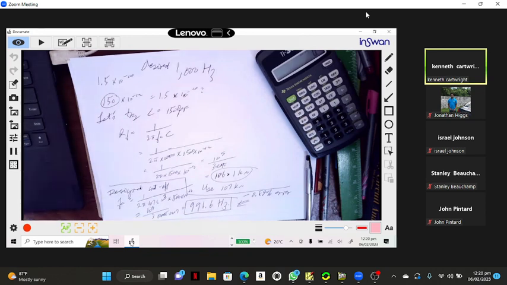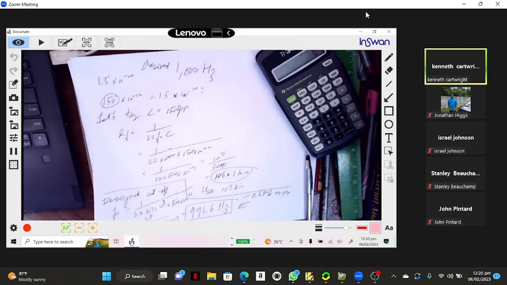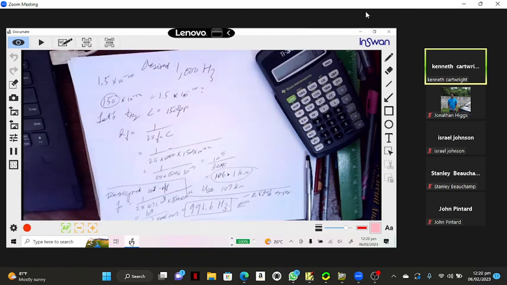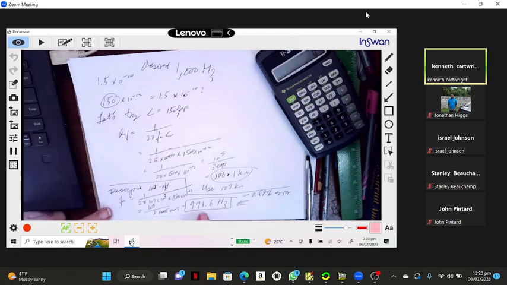There was at least one person who did the design and didn't even check what his design cutoff frequency was. He thought he had a design that works. But it turned out his error was greater than 5%.